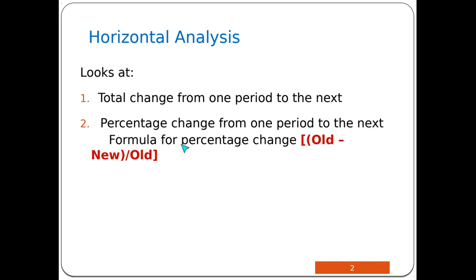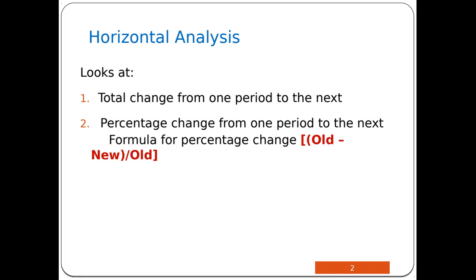And then the second thing we look at is the percentage change. The formula that we used to calculate the percentage change in our previous class's exercise was we took the old and subtracted the new from it and divided that by the old, meaning we took 2019, we subtracted 2020 and divided that by 2019.